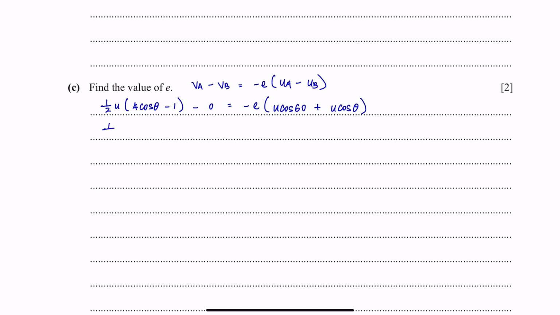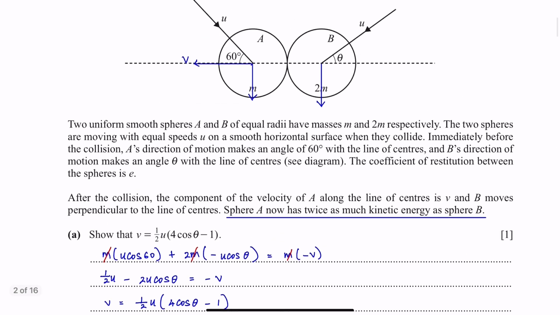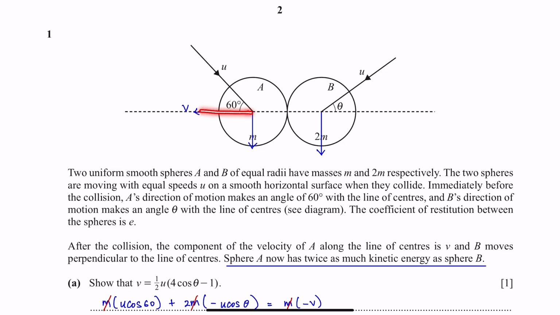So cos theta is 3 over 4. So we get half U times 3 minus 1, minus 0, equals negative E times half of U plus 3 over 4 U. Oh sorry, VA should be a negative value, since VA is going to the left.